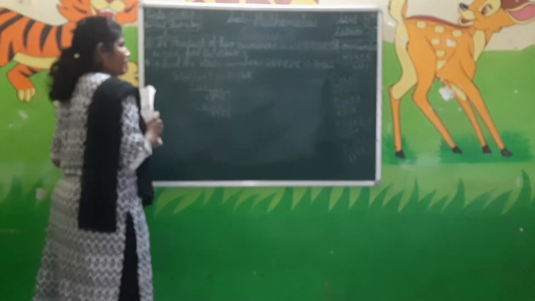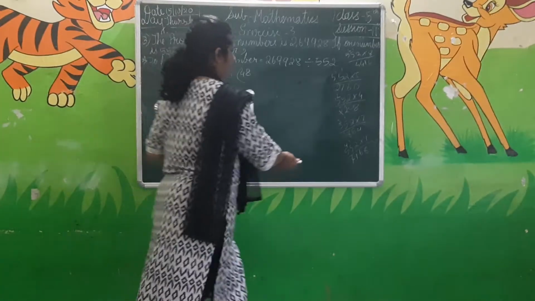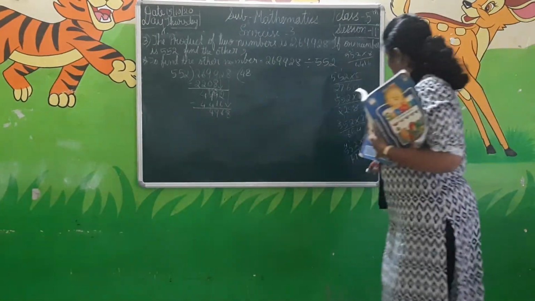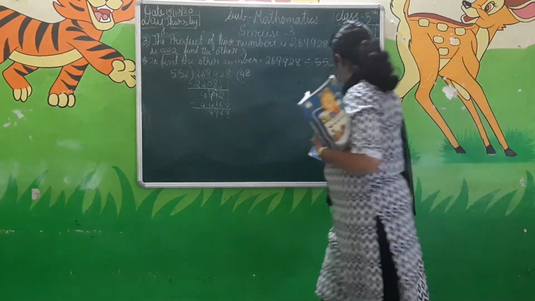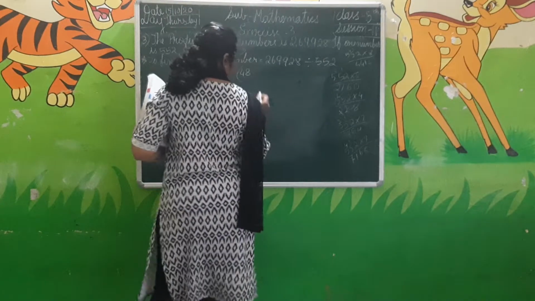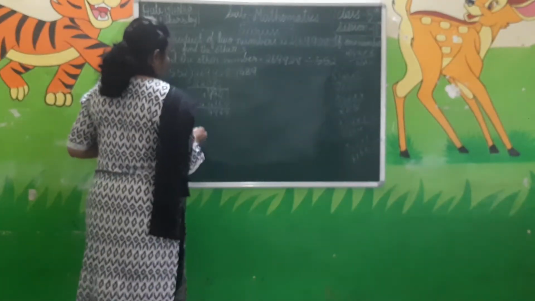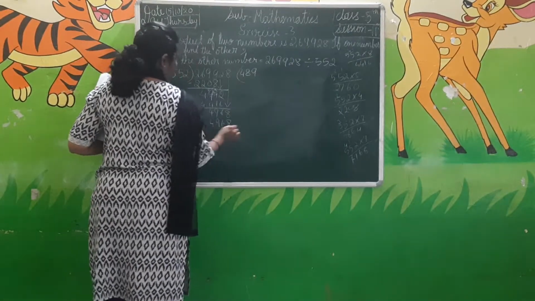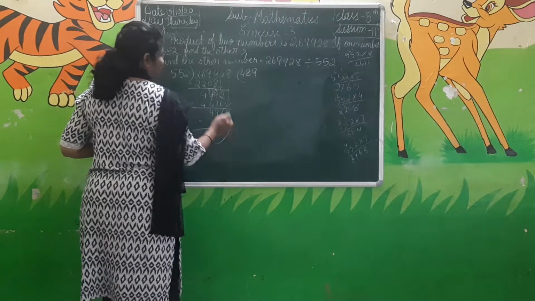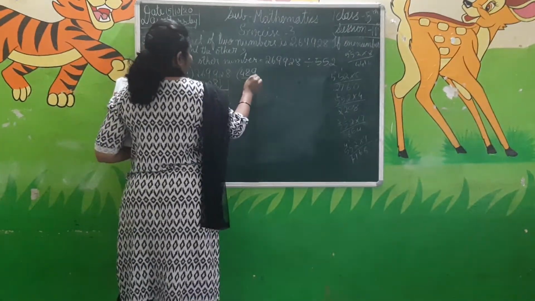Next 552. Then which number is it here? See, right here 552 into 9. We got the answer 4968. 552 into 9 is equal to 4968. When we deduct this one, we will get the answer as 0 and the remainder as 489.